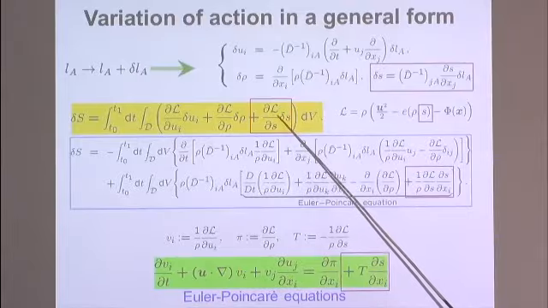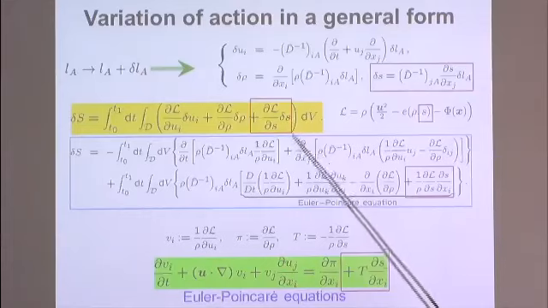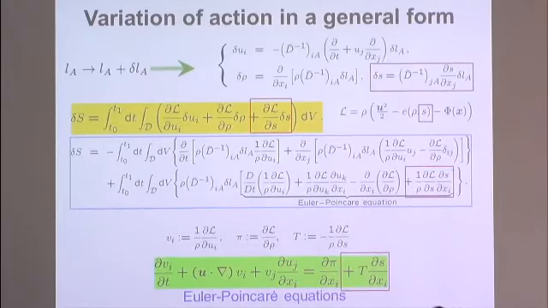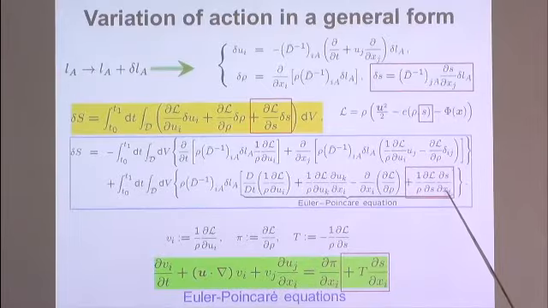This is the Lagrangian density. At the moment, you need not define the concrete form, so any function of the velocity field, density and entropy. Then if you take variations, you obtain the Euler-Poincare equations, and this is the baroclinic effect.